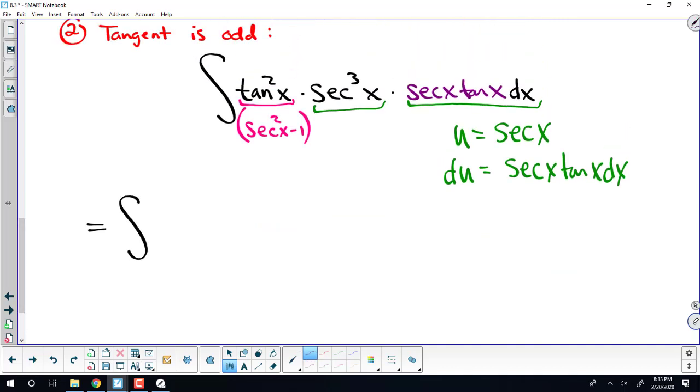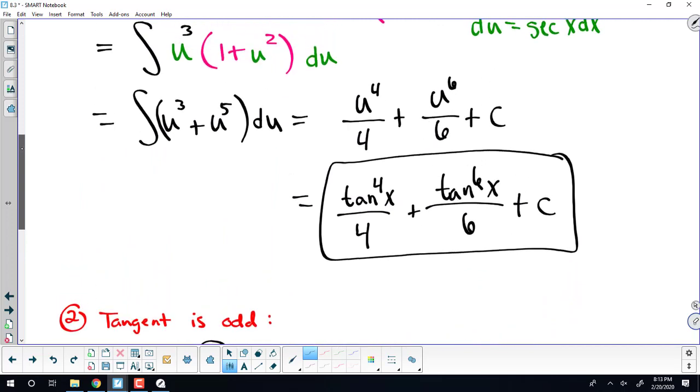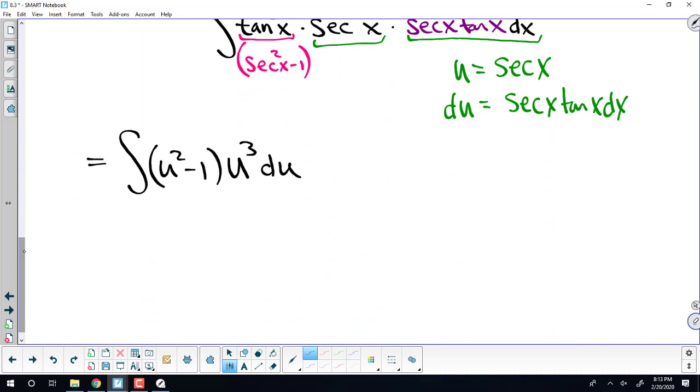So we have secant squared minus 1, that's u squared minus 1. Secant cubed, secant tangent dx. We got a similar thing here. This one's u to the 5th minus u cubed. The other one was, what was it, similar to that? It was u to the 5th plus u cubed. But our u's are different as well.